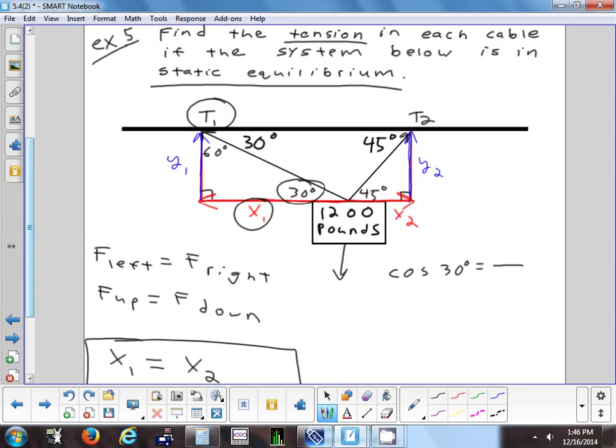Which side is adjacent? X1. What side is the hypotenuse? T1. And now solve it for X1. How would you do that? Multiply by T1. So we get T1 cosine 30 equals X1. Any question on that? We're going to do that four times. We just did it once. So it's not hard, but it is very repetitive.